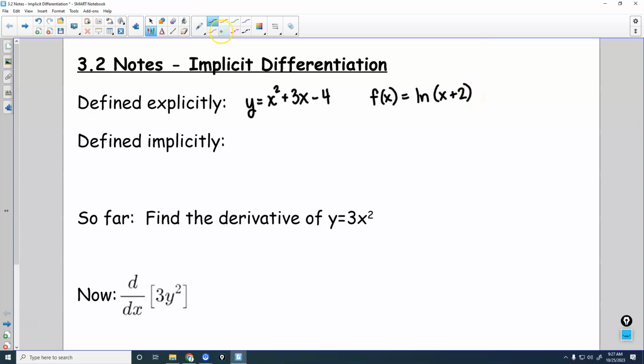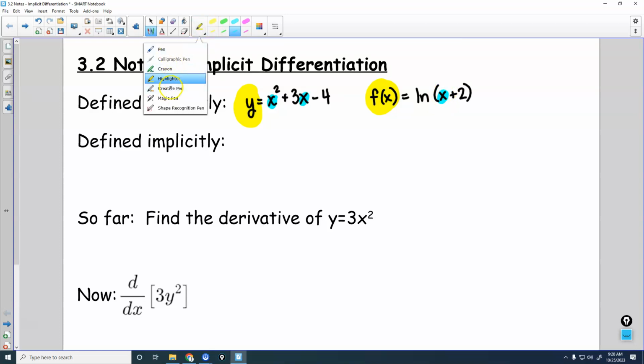The key to something being defined explicitly is that you have it solved either for the y or you might call it f of x. And then everything on this side only has x's. So you only have one variable there.